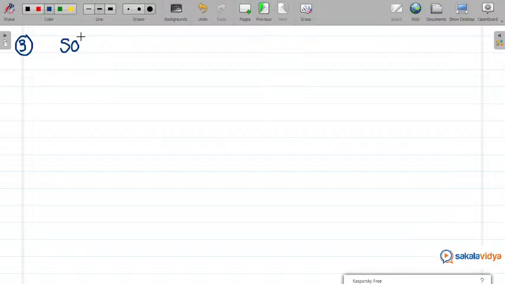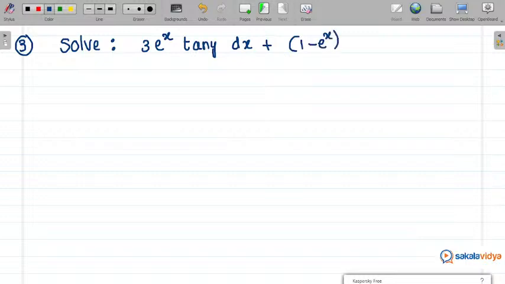Solve 3 e power x tan y dx plus 1 minus e power x into secant square y dy is equal to 0.